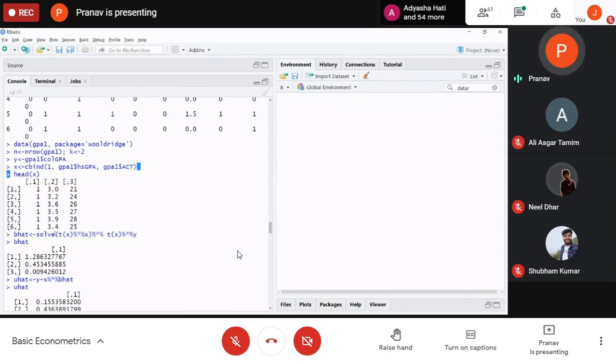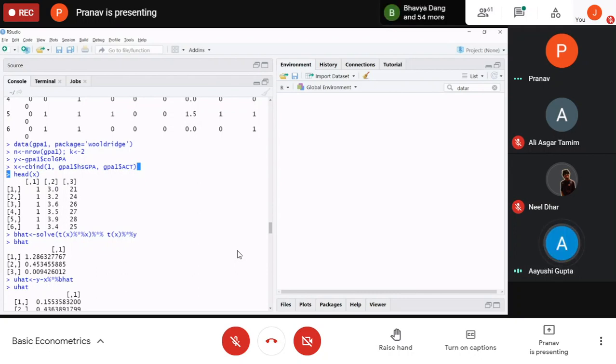So I have simply used the formula that we have been studying till now. So B hat, that is your estimator, is obtained by X transpose X inverse X transpose Y. Is this clear?